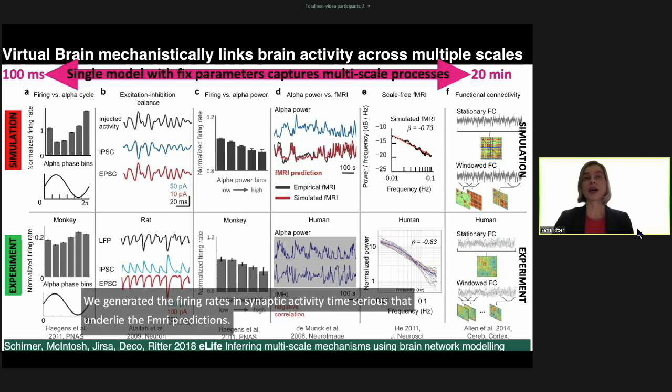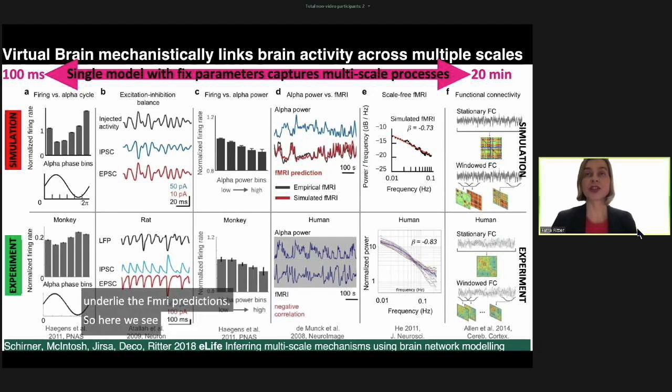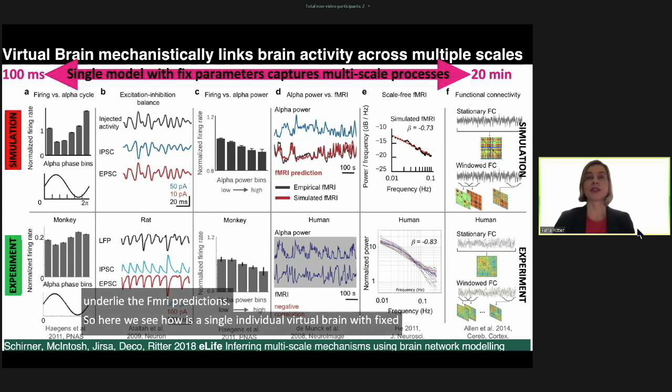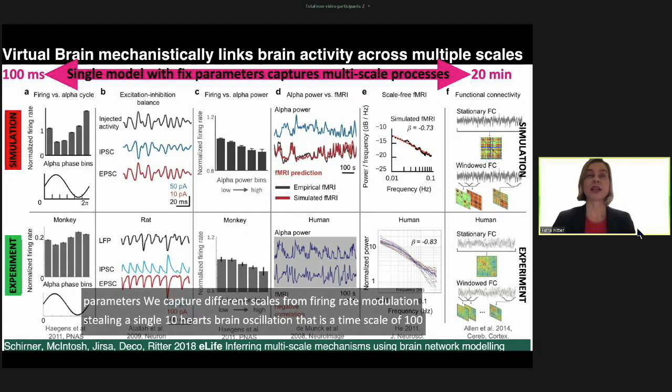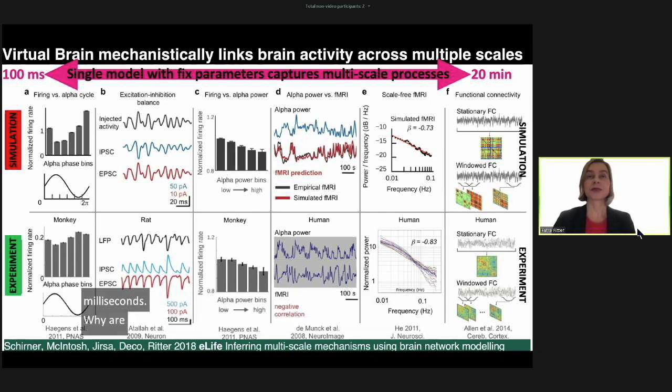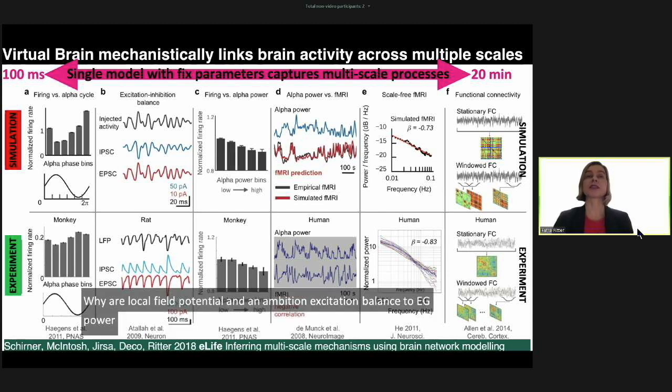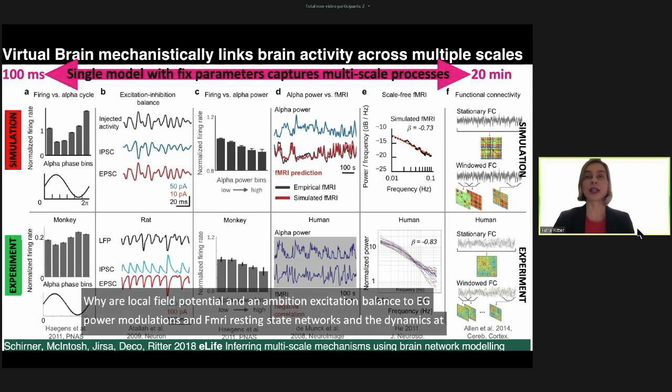So here we see how, with a single individual virtual brain with fixed parameters, we capture different scales: from firing rate modulations during a single 10 Hz brain oscillation, that is a time scale of 100 milliseconds, via local field potential and inhibition excitation balance, to e.g. power modulations and fMRI resting state networks and their dynamics at the time scale of 20 minutes.